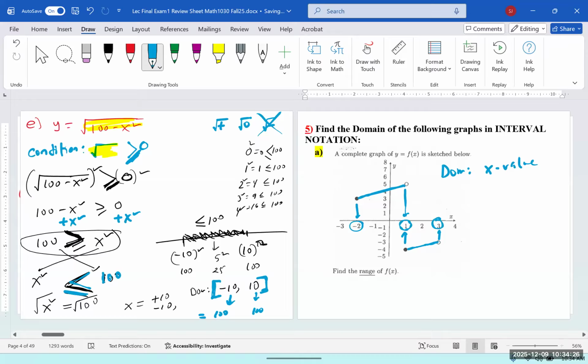So if you observe the entire collection of the x values, it's from -2 to +3. And even though the graph is broken down and we have a hole here, we have a closed circle here. So there is a y value for x equals 1. It's not here, but it's there on the bottom.